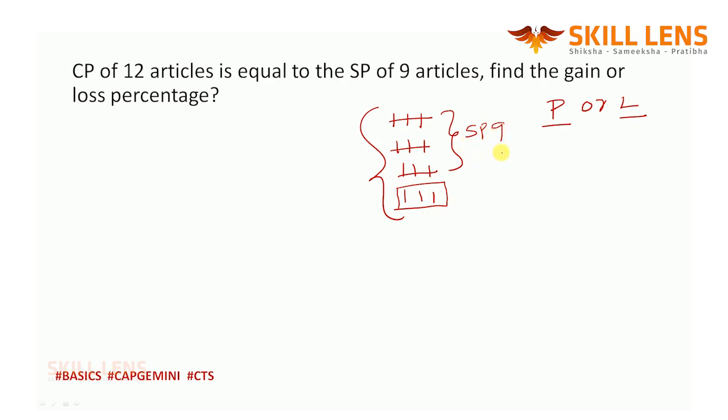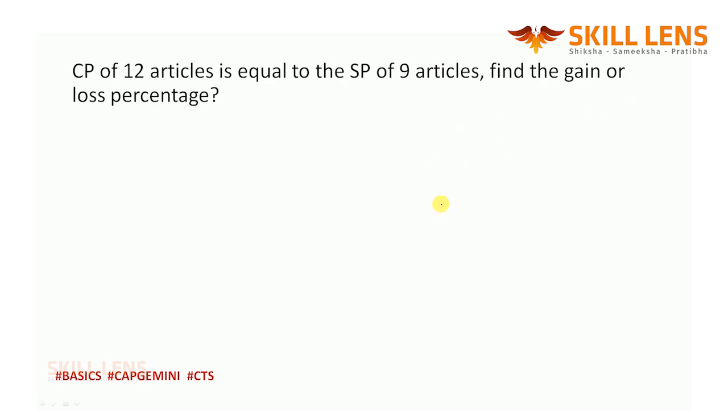Let's say the cost price of one sanitizer is 1 rupee. But the moment you sold 9 sanitizers, you got 12 rupees in your account. But the point is what? The remaining 3 you sold, that is going to be your profit. So you have decided you are getting profit. Yes, you are getting profit.